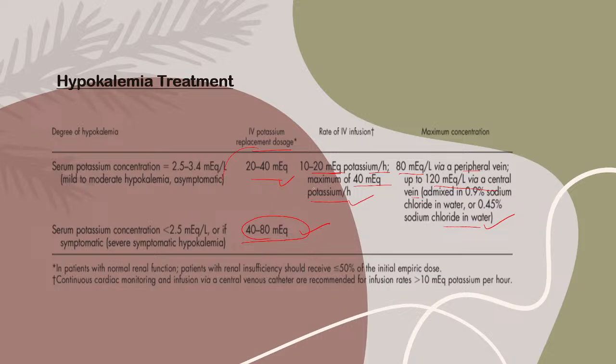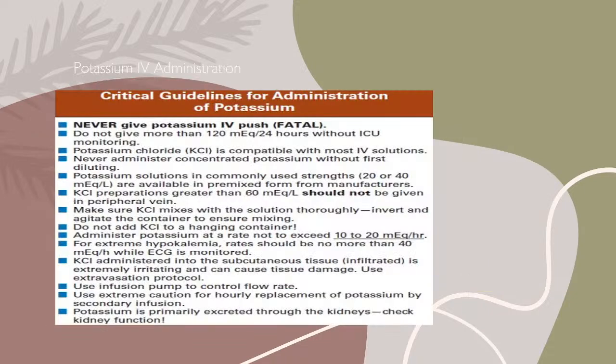Patients with renal insufficiency should receive 40 to 50% less of the initial empiric dose. Continuous cardiac monitoring and infusion via a central venous catheter are recommended for infusion rates of more than 10 milliequivalents per hour. Usually 10 milliequivalents of potassium per hour is given, but if it is more than this, we need continuous cardiac monitoring, because there is a risk of developing cardiac arrhythmias.